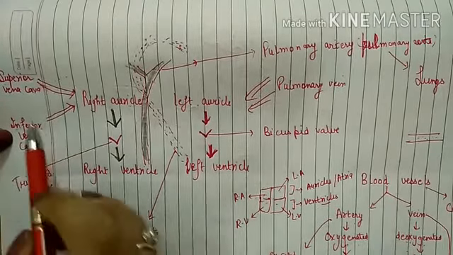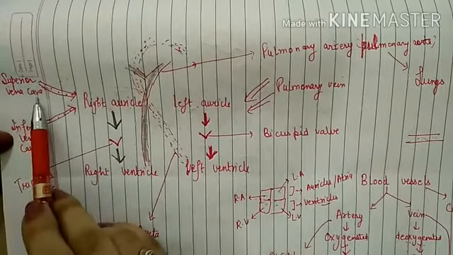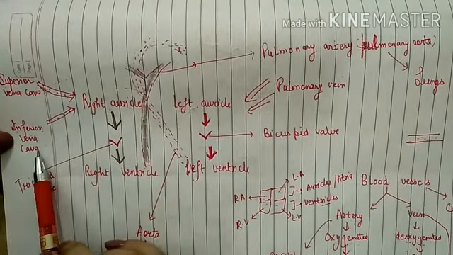So let us assume blood is flowing through these blood vessels, the superior vena cava and inferior vena cava. This blood will enter into the right auricle, and the blood which will enter is known as deoxygenated blood.